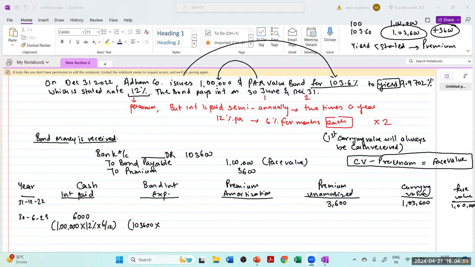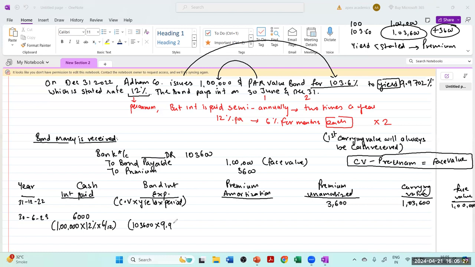Bond interest expense was carrying value multiplied by yield multiplied by period. Bond interest expense is always what? Carrying value multiplied by yield multiplied by period. Agreed or disagreed?